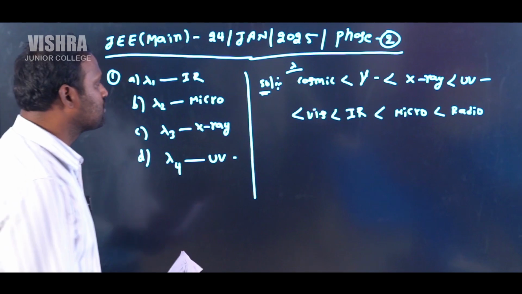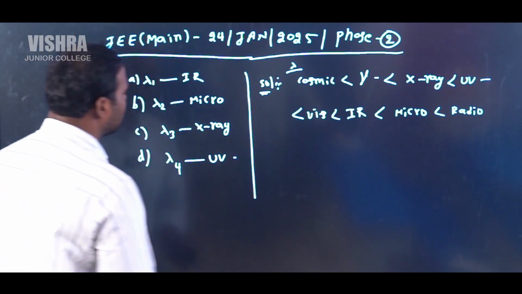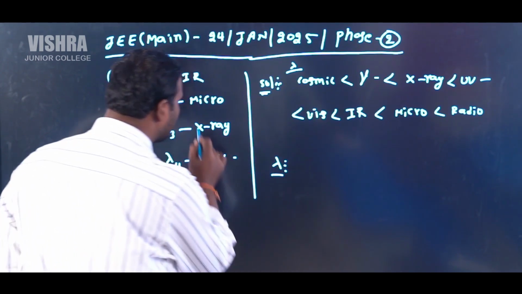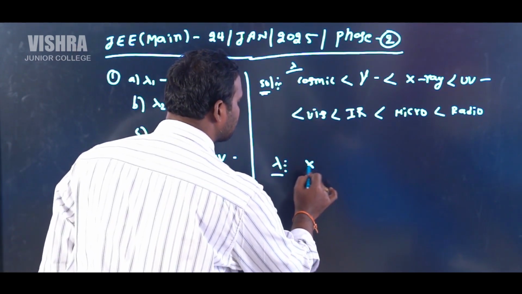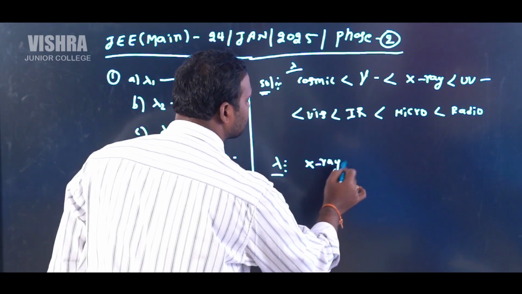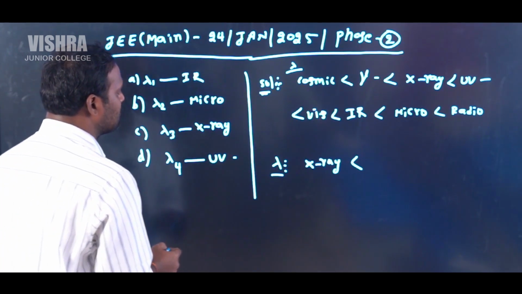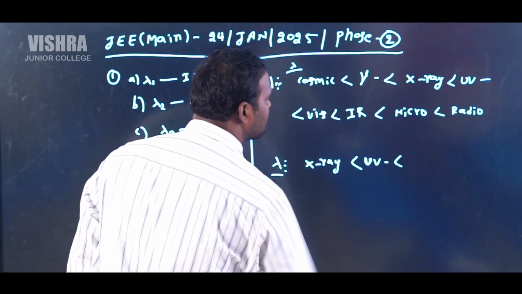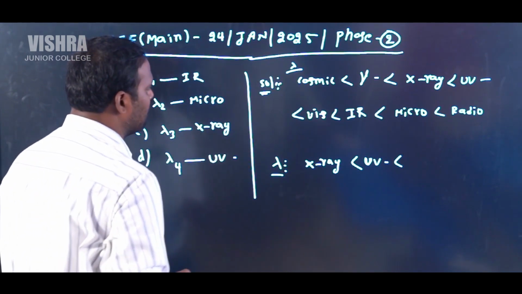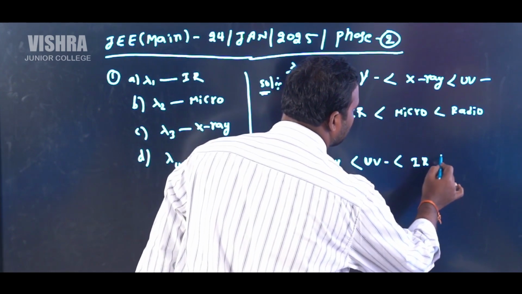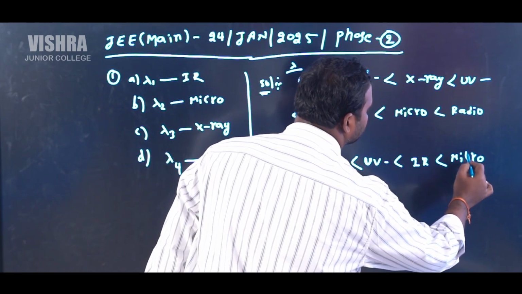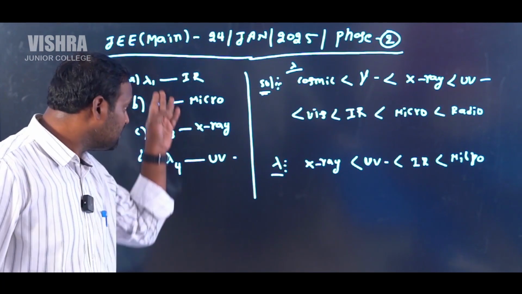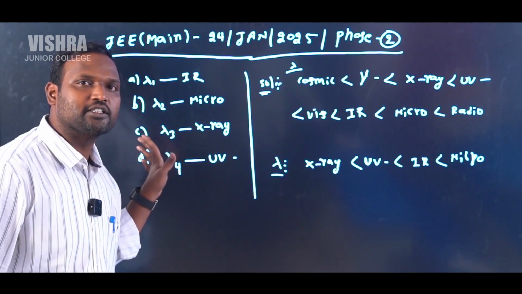The order of wavelength of these 4 electromagnetic radiations is like this: first one is X-rays, less than UV rays, less than IR rays, less than microwaves. So that is the order of wavelength of these 4 different types of electromagnetic radiations.